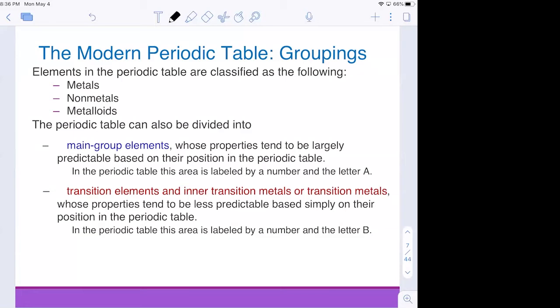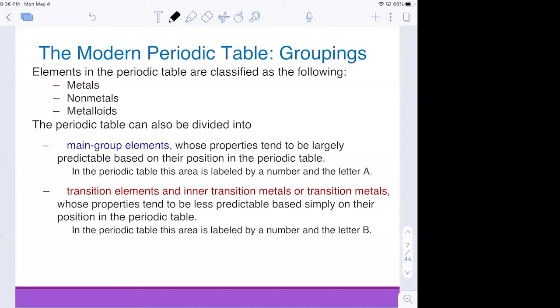The periodic table can also be divided into main group elements, and those are elements whose properties are very, very predictable. The main group elements, if we just count across, it's hydrogen's group 1, beryllium's group 2, all the way across to boron in group 13. Sometimes on the periodic table you might see 13 written on top of boron, or 3A.